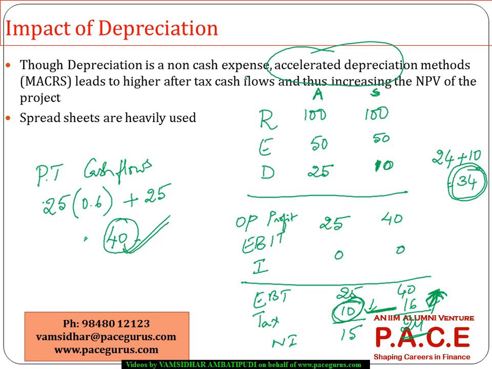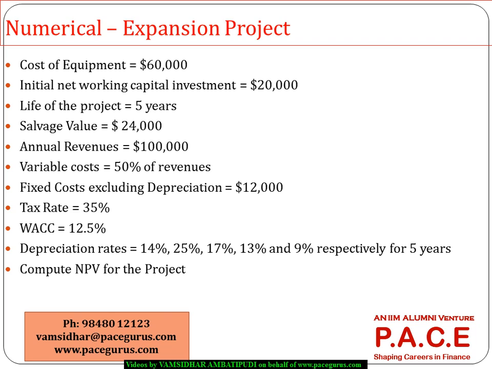And for doing all kinds of capital budgeting analysis, we use spreadsheets very heavily. So with that as a base, let's start off with one of the numerical examples. We talk about one of the projects which is more of an expansion project, wherein we are looking at the initial investments in terms of fixed costs of the equipment as well as the net working capital.